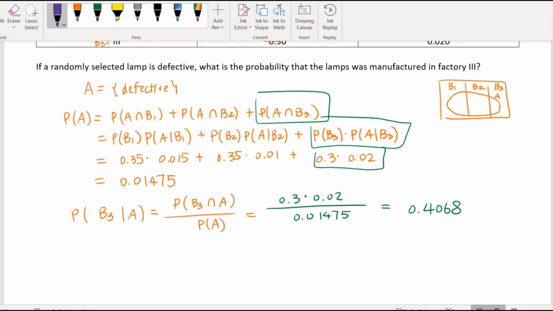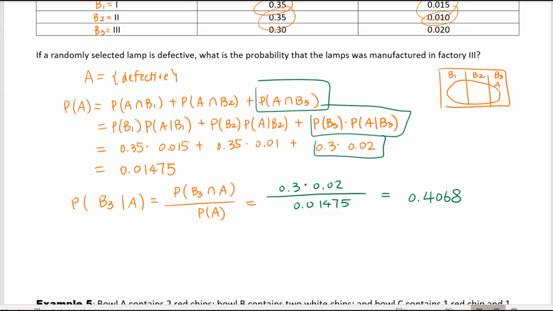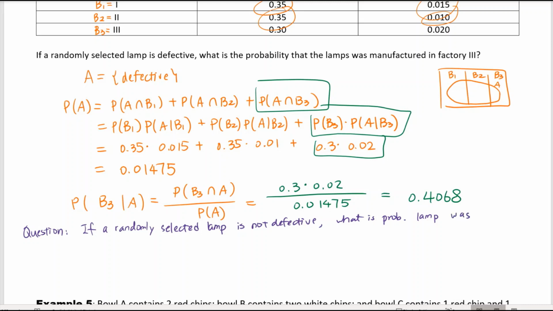Alright, let me ask you a question. Okay, so more questions. If a randomly selected lamp is not defective, what is the probability that the lamp was made in factory 2?